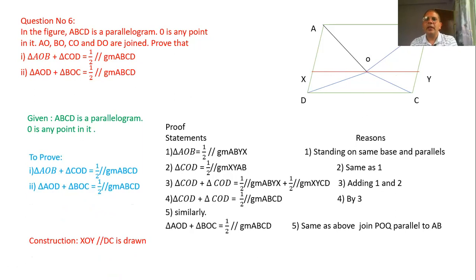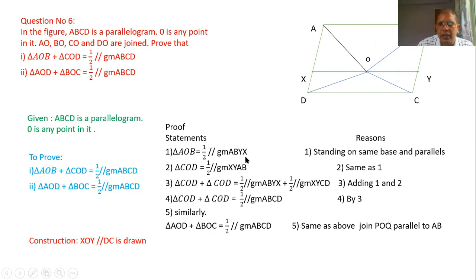Now, number 1: you can observe the upper parallelogram ABYX. In this parallelogram, triangle AOB is half of the upper parallelogram. This is also the same: the area of a triangle is half of the area of a parallelogram standing on the same base between the same parallels. Now this one is completed. And number 2: down, you can take another parallelogram XYCD.